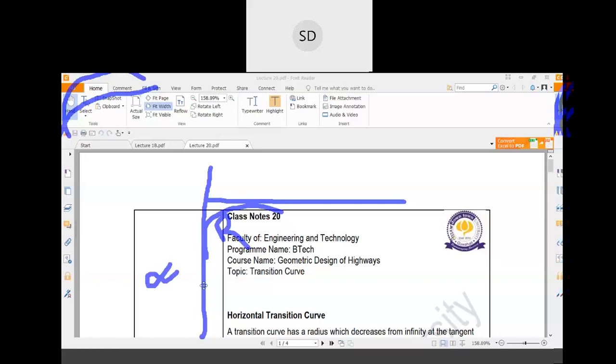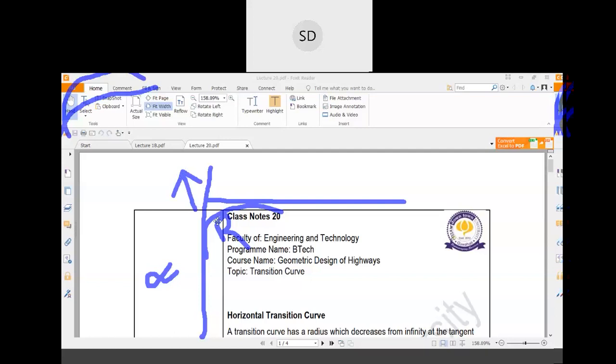So whenever a vehicle crosses this horizontal curve, the driver and the passengers will feel a sudden centrifugal force acting in the outward direction. So for this case also the passenger will feel a sudden jerk. For this reason, you need something so that the transition from a straight path to a circular curve could be swift.